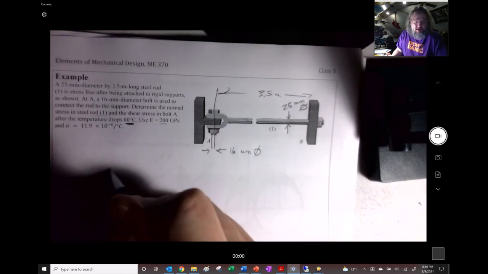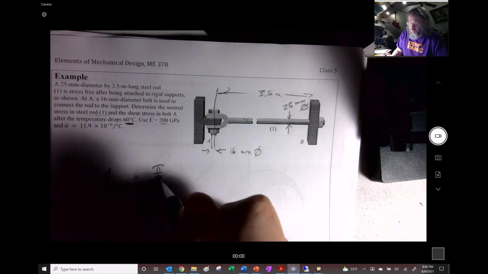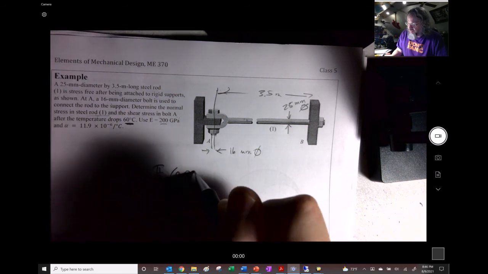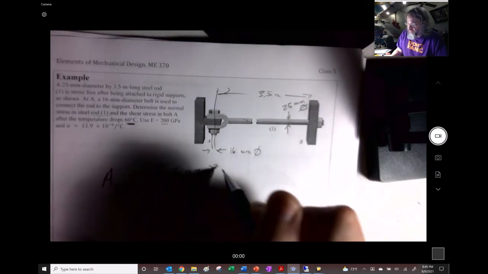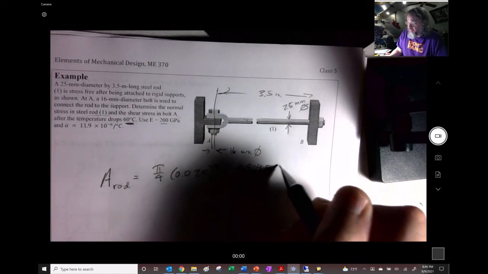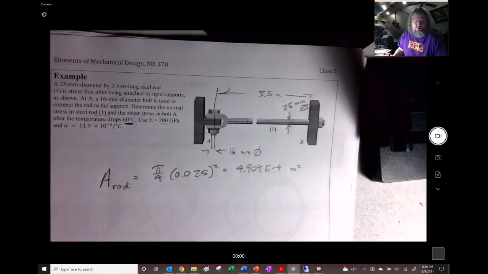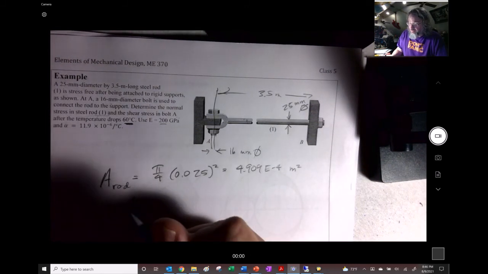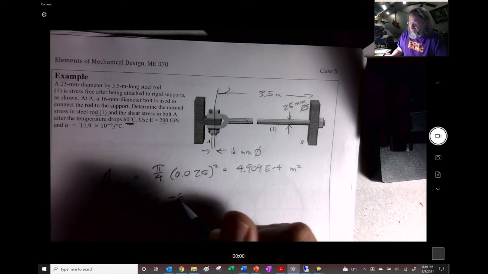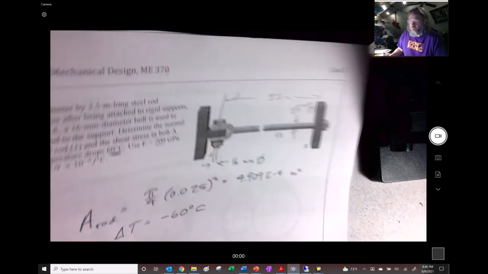We could find the area of the rod is going to be pi over 4 times 0.025 squared, and we get 4.909 E minus 4 meters squared, right? So that's the cross section of the thing. The delta T is going to be a negative 60 degrees Celsius, so it contracts.